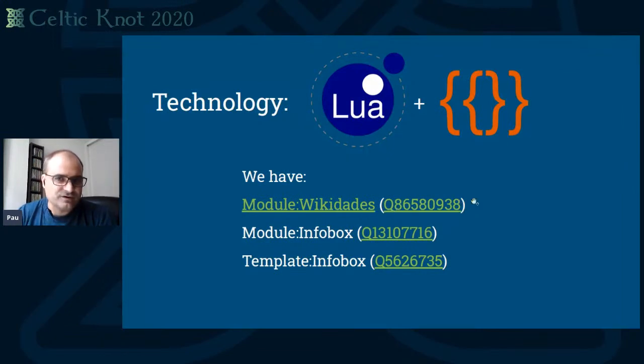Most of them are very small, so it must be useful to them. And then we have a template Infobox, which is made with wiki syntax. Apart from these three pieces, we also have lots of different infoboxes, up to 80. But this is the core, the main part of our technology.